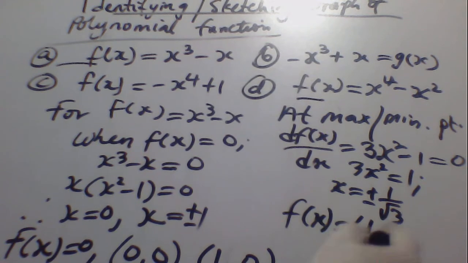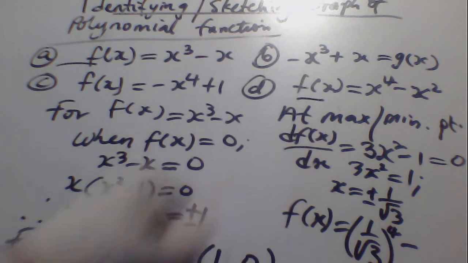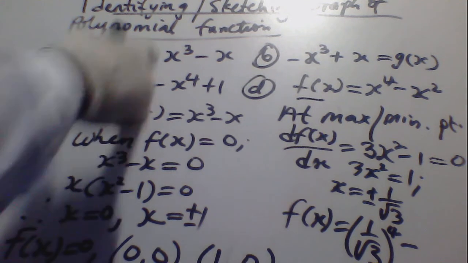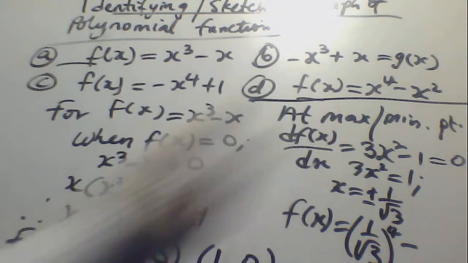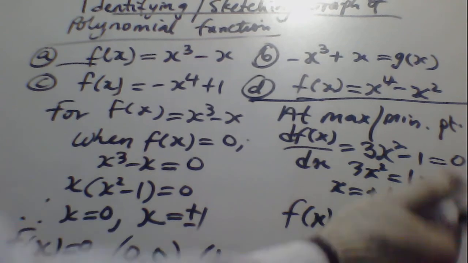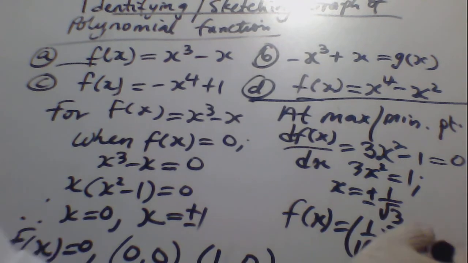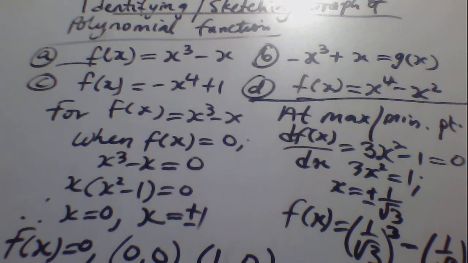So 1 over root 3 raised to power 3 minus 1 over root 3. Mind you, this is an example, so this is what we are still solving.